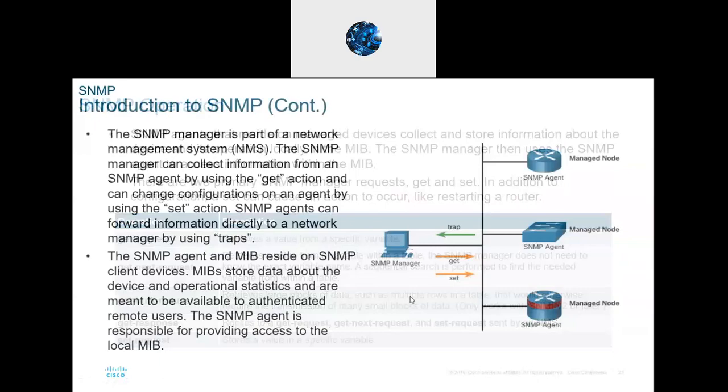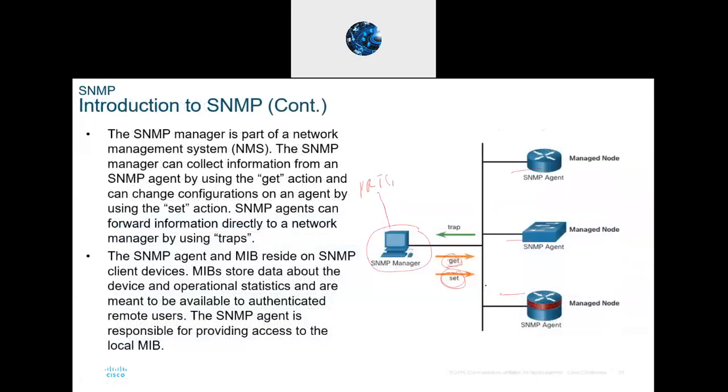What about the set? This can be used to configure the router or the switches. That is why during the process of configuration, we don't allow SNMP to do this, because if the SNMP server is hacked, then your router, switches, and all the devices on your network are exposed. We only set SNMP to get information from these devices, these SNMP agents.